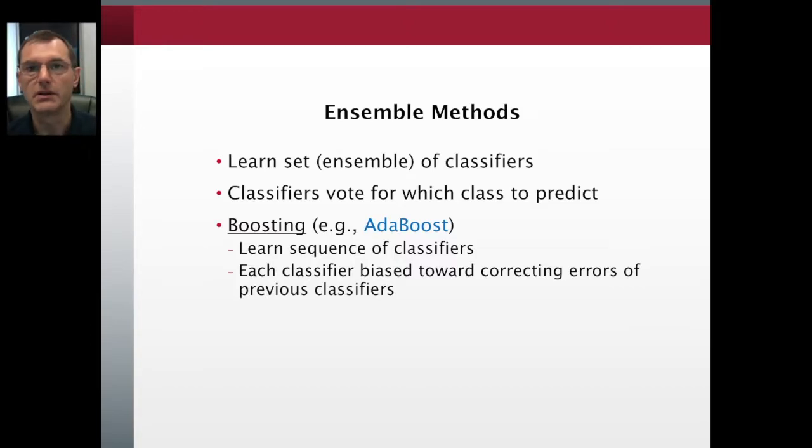And then, of course, once it's complete, each one of the classifiers in the sequence is used for a new piece of data. Each one of them makes a prediction, and then those predictions are combined, usually as a majority vote, to come up with the final prediction of the ensemble.